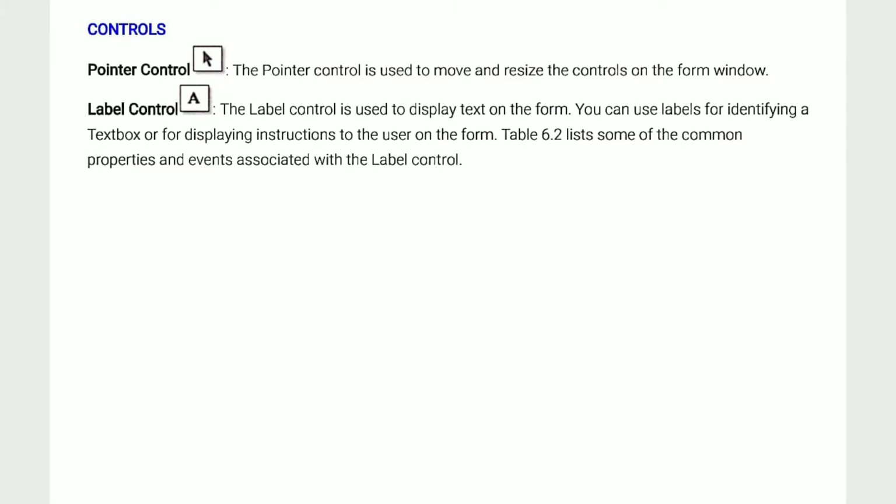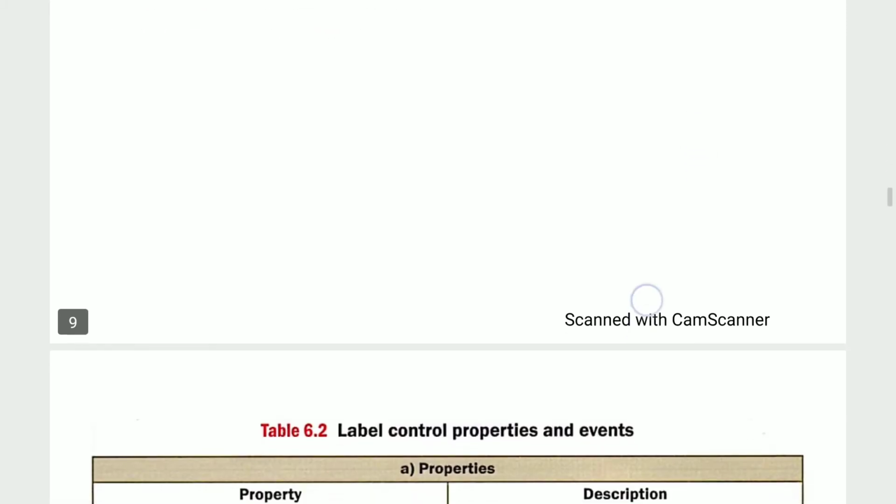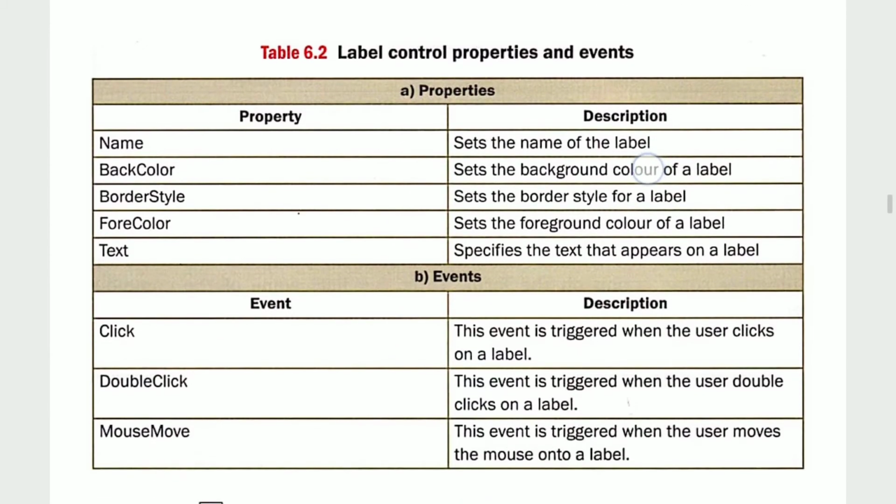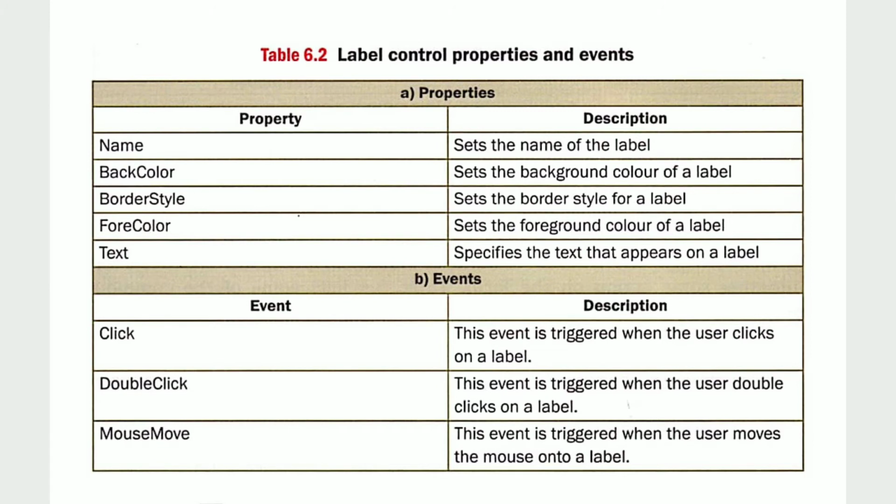Now let's talk about some of the properties and events associated with this label control. First property is, as you can see on the screen, name property. The name property is used to assign a name to the label. This name property is used while designing the code. As I described earlier, there is a big difference between name property and text property.